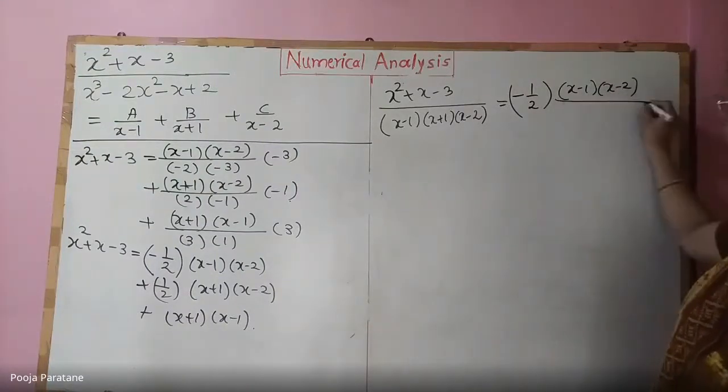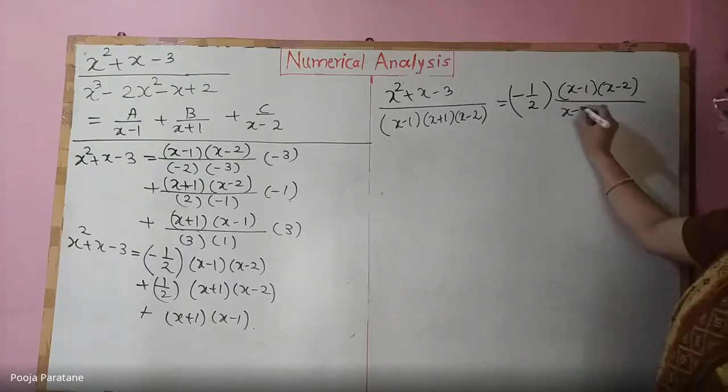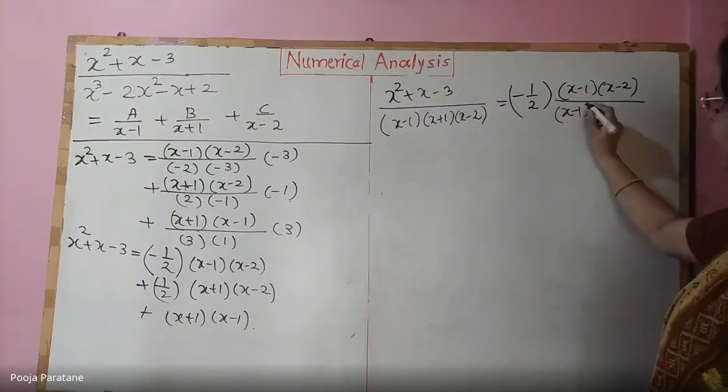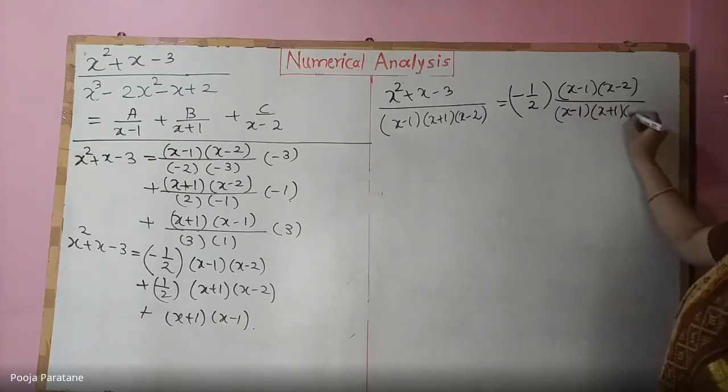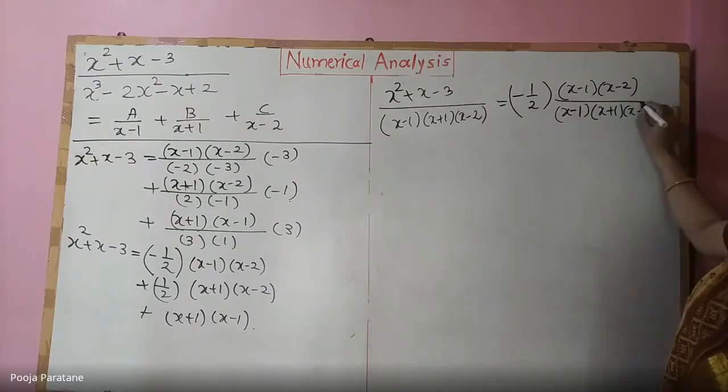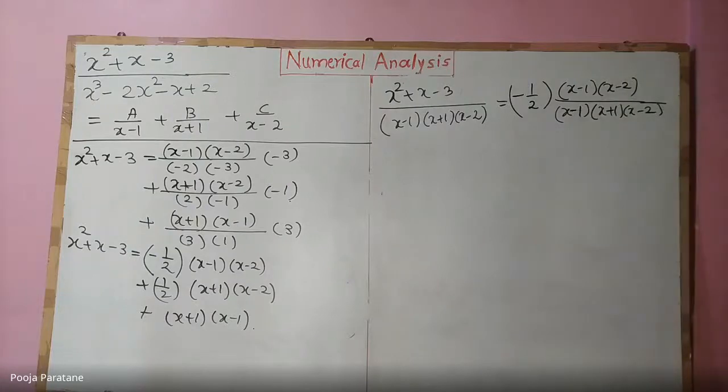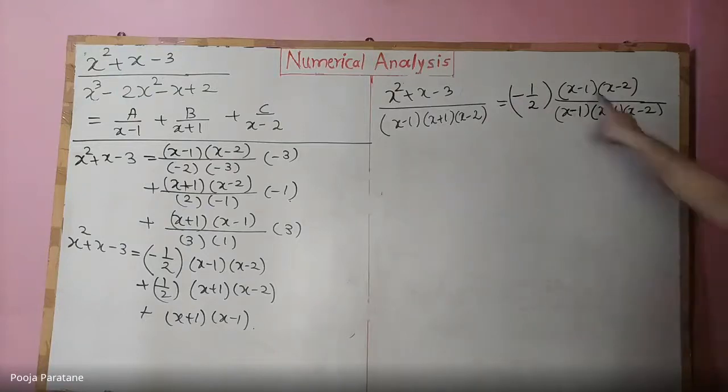And we are dividing each term by this product. So look here, automatically two factors get cancelled and only one factor remains every time. So here x minus 1 and x minus 2 will get cancelled, and only 1 upon x plus 1 remains.